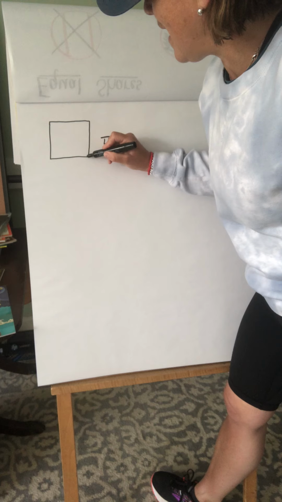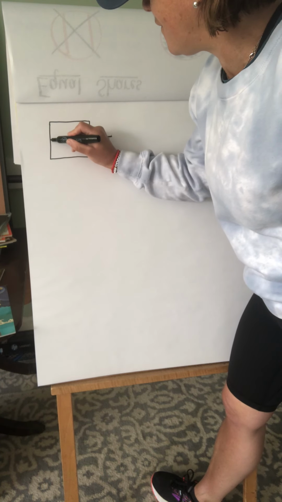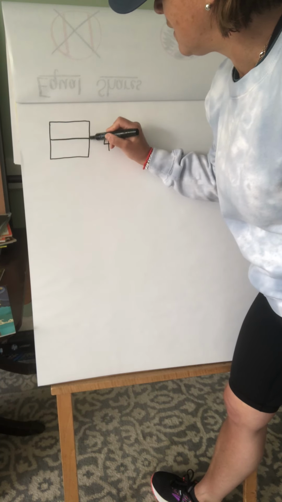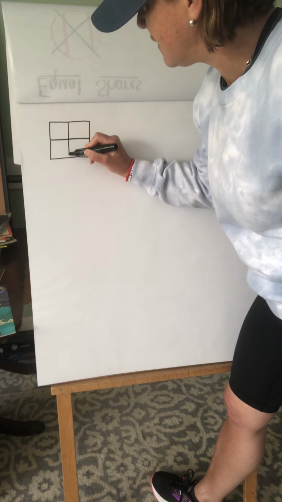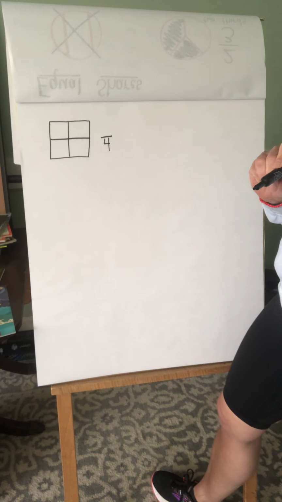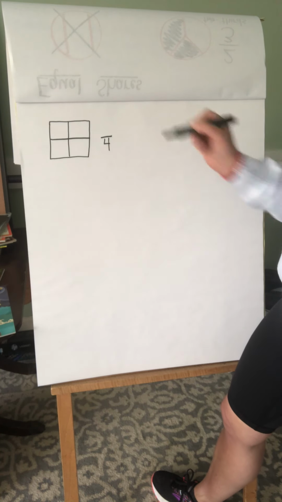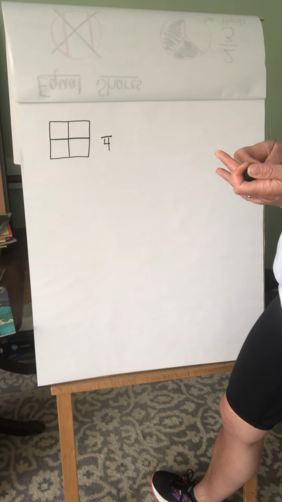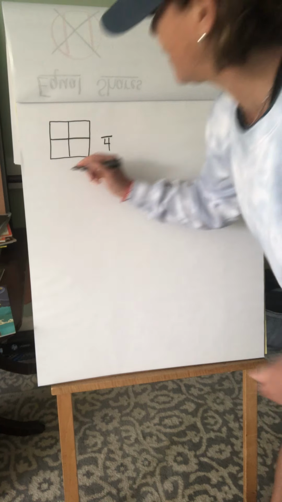Okay, now, did anybody make their fourths like this? Okay, that's perfect. That is 4 parts. Did anybody, actually, let me just make another square.